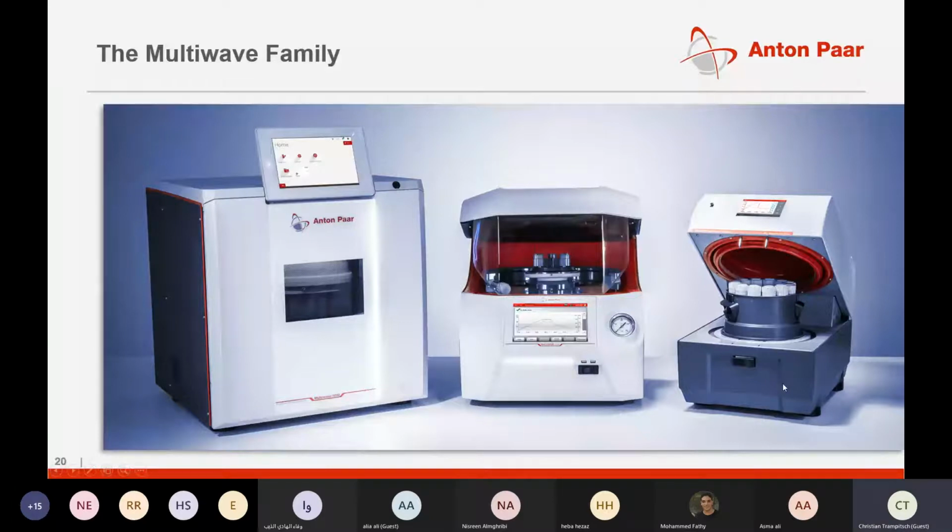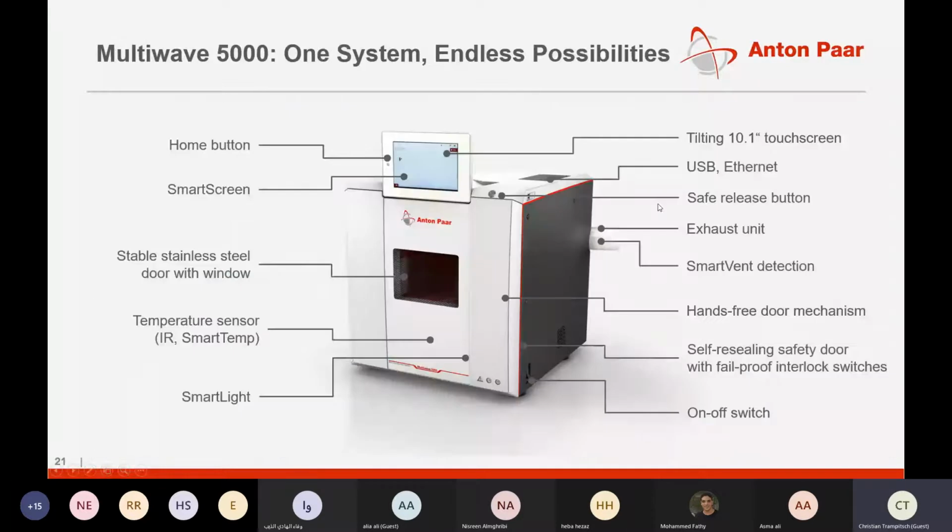I would just like to highlight a few features of the instrument so that you know what's in there, what the instrument can do. It has a tilting touch screen on top, so you can move it into the way you want to see it and access the instrument control very nicely.